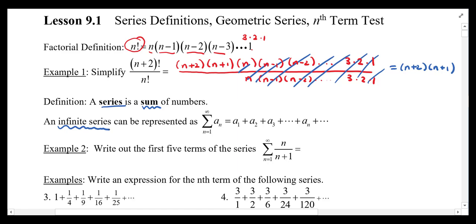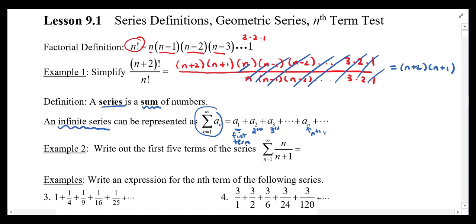An infinite series can be represented by this lovely notation, the sum from n equals 1 to infinity, where n goes to infinity, it never stops, of the expression a sub n, which really means I'm taking a sub 1, your first term, and adding it to a sub 2, your second term, adding it to a sub 3, your third term, and on and on to your nth term.